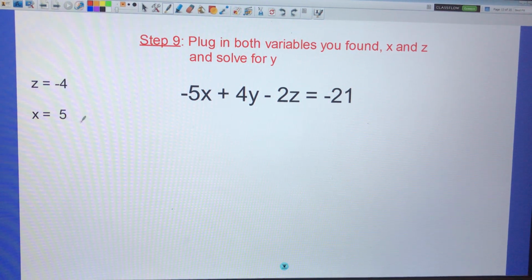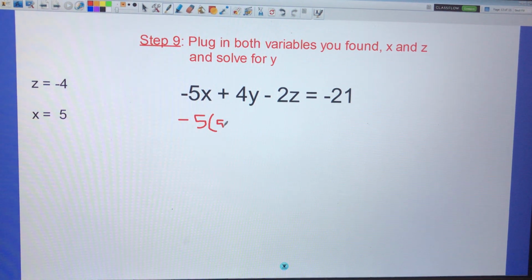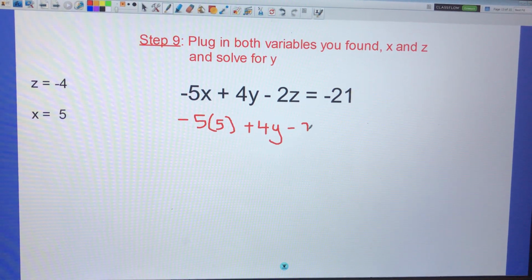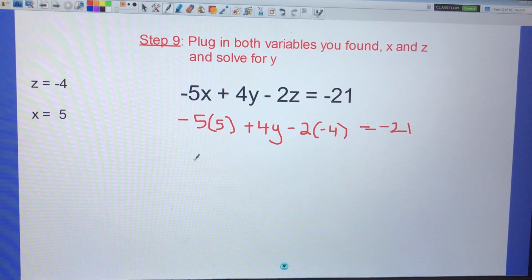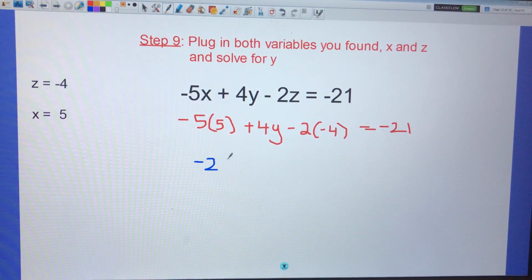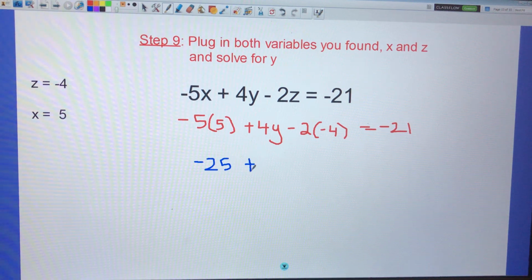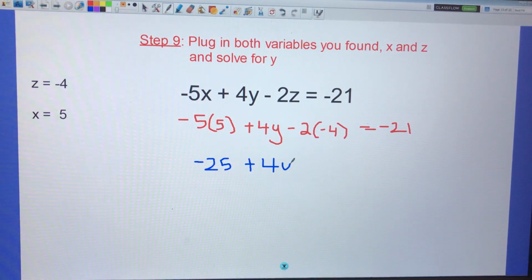It says x equals 5. So instead of x, I'm going to put parentheses 5 plus, I don't know what my y is right now, so I'm just going to put the y, take away 2 parentheses, and my z was negative 4, equals negative 21. Now let's solve this. Negative 5 times 5 is negative 25 plus 4y.